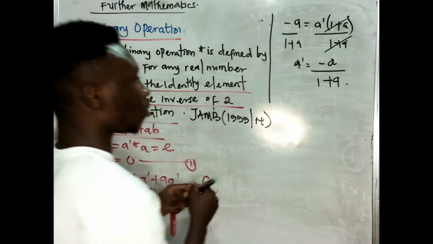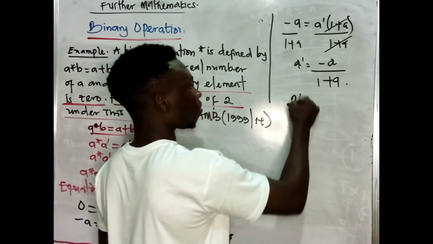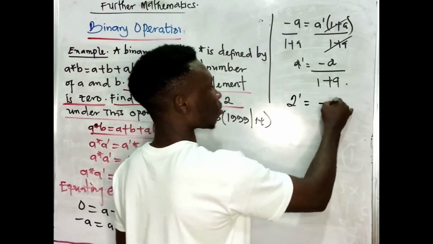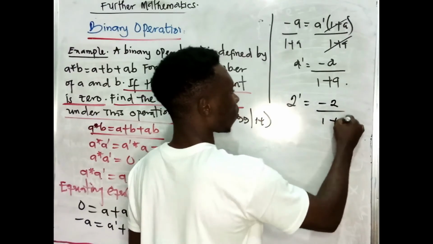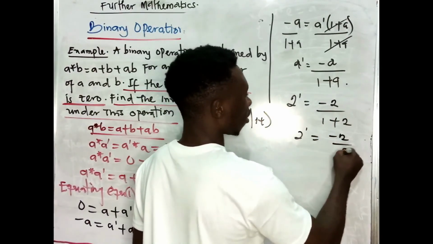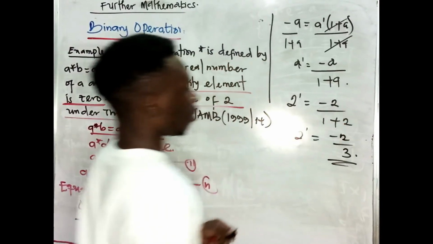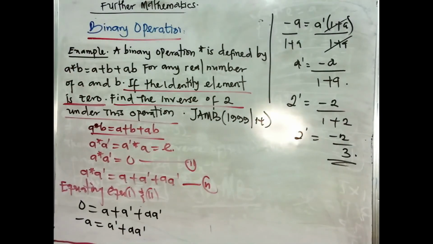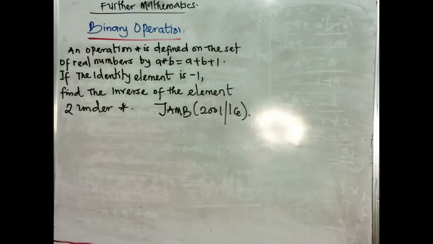So 2 inverse is equal to minus 2 over 1 plus 2, which is minus 2 over 3. That gives you your final answer.